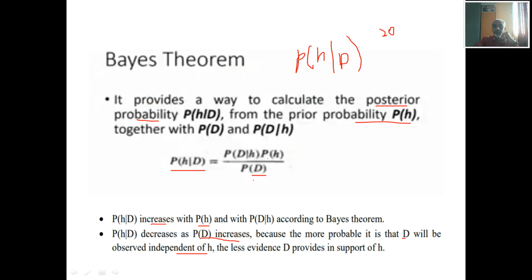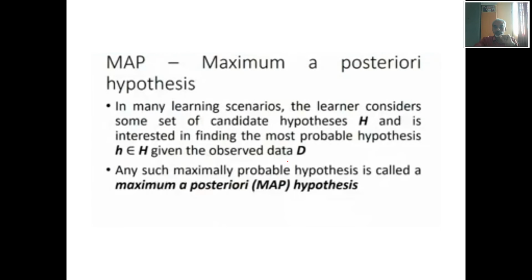This is what the Bayesian theorem says. It is used to calculate the posterior probability, that is, the probability that hypothesis H holds good given the training example D, equal to the probability of D given H multiplied by the prior probability of H, divided by the probability of the given data set, the training example.